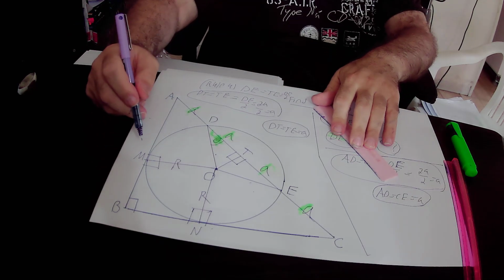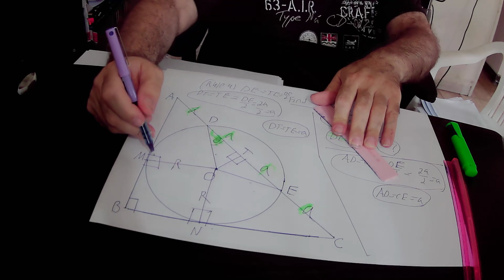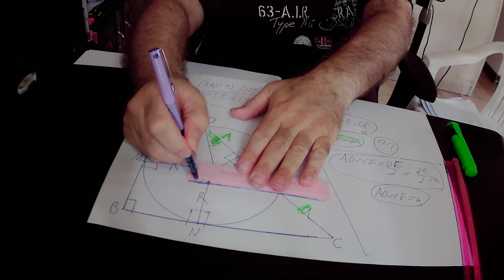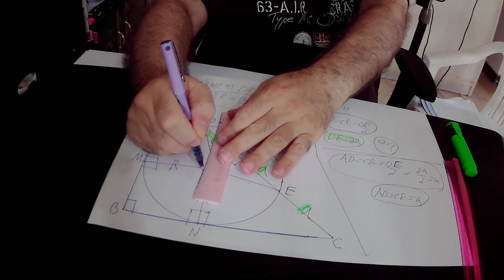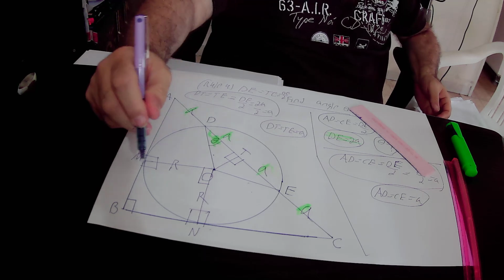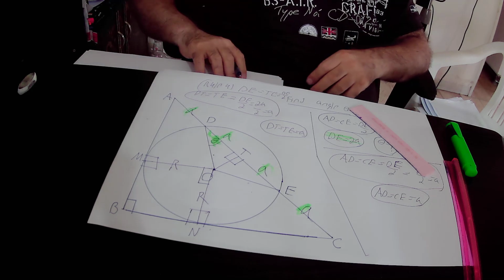So inside quadrilateral MOBN, we have 1, 2, 3 right angles. Therefore, the fourth angle must also be equal to 90 degrees. So, in quadrilateral MOBN, we have 4 right angles. Therefore, quadrilateral MOBN is a rectangle.